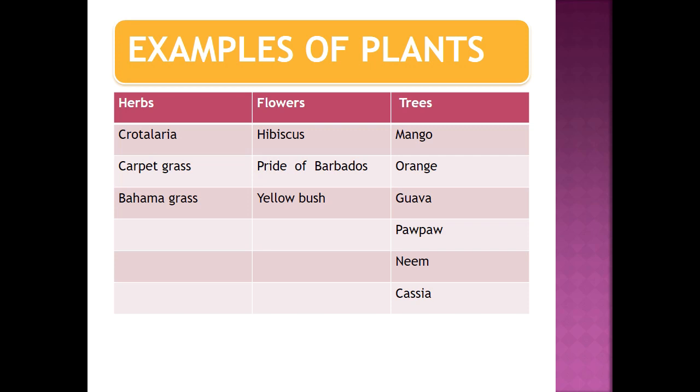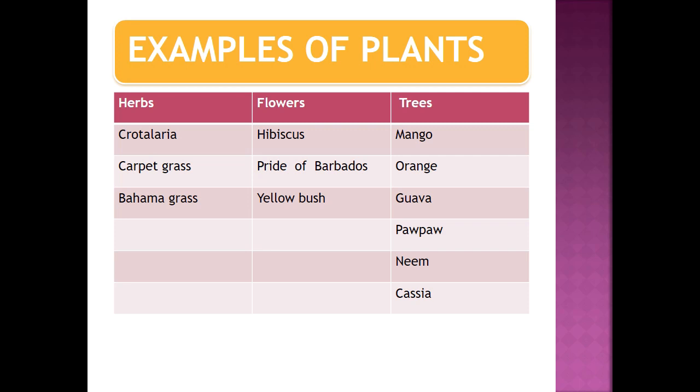Examples of plants. Plants are grouped into herbs, flowers, trees. And then under the herbs, number one, we have crotalaria. We also have carpet grass. We have Bahama grass. All the grasses are under the group herbs.